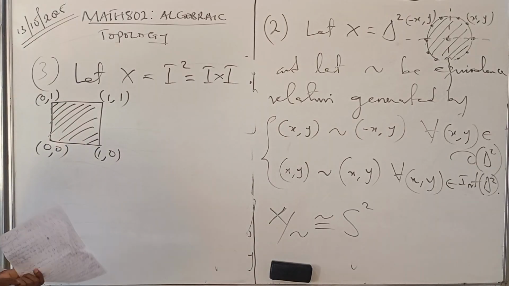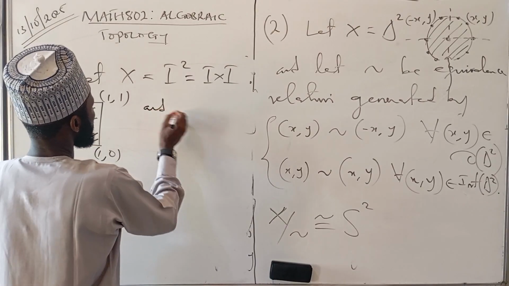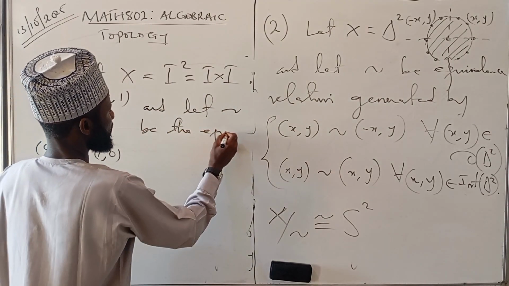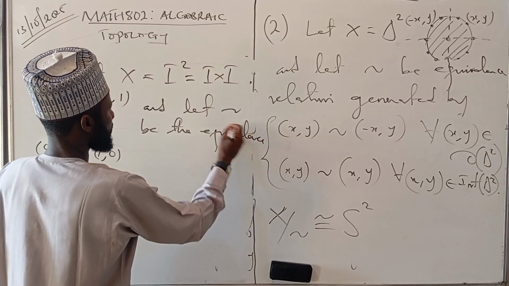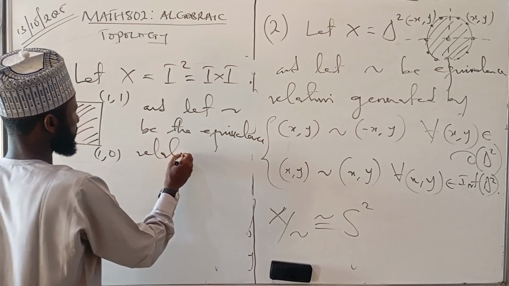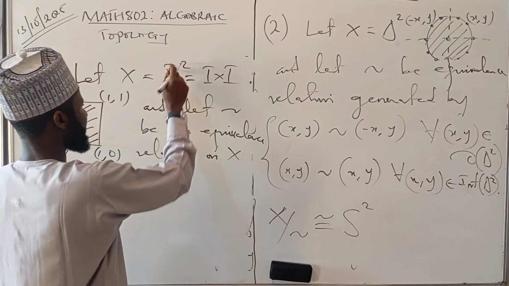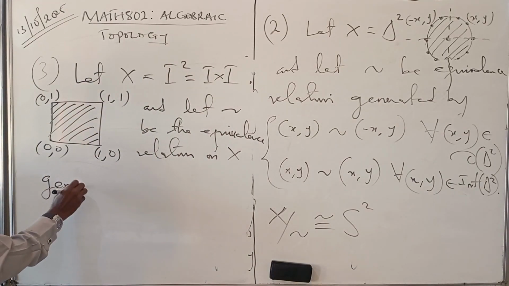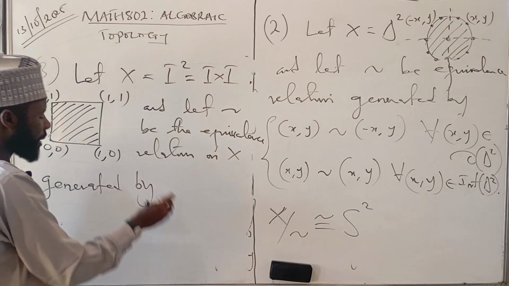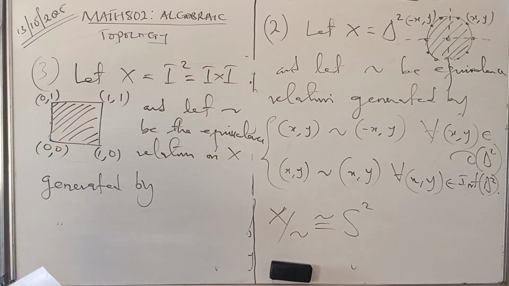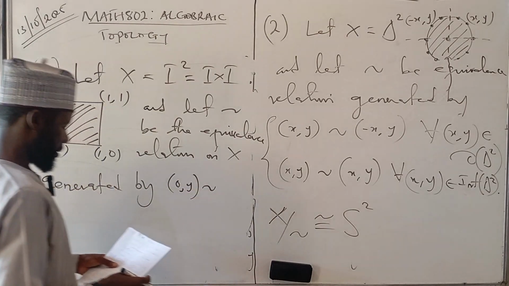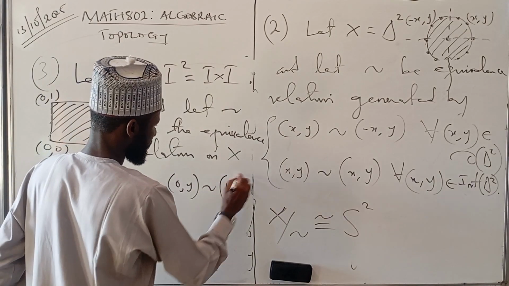So regard this, and consider the equivalence relation on X, that is the square, generated by this one single relation: (0, y) is related to (1, y).